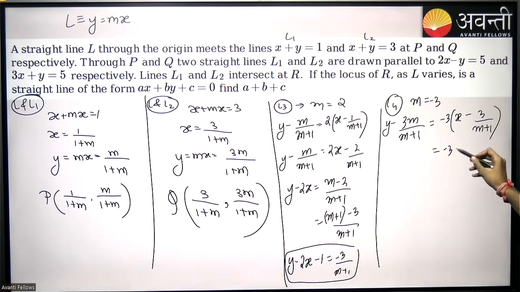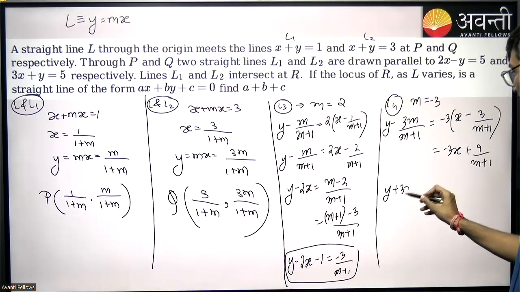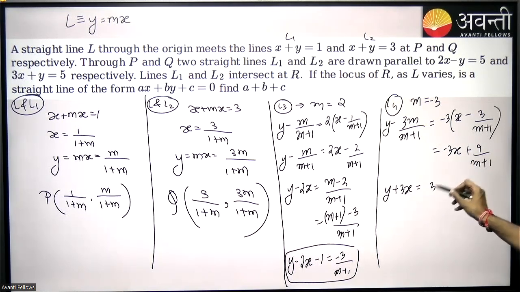So minus 3x plus 9 upon m plus 1. So I'll get y plus 3x is equal to 3m plus 9 upon m plus 1. I can take 3 common from here, so I get 3 into m plus 3.